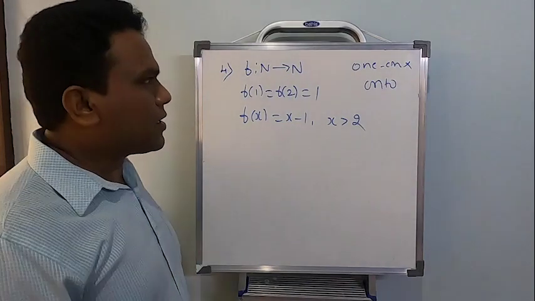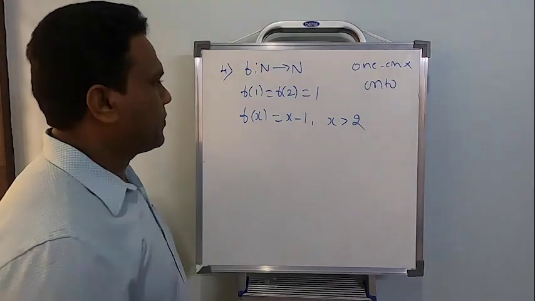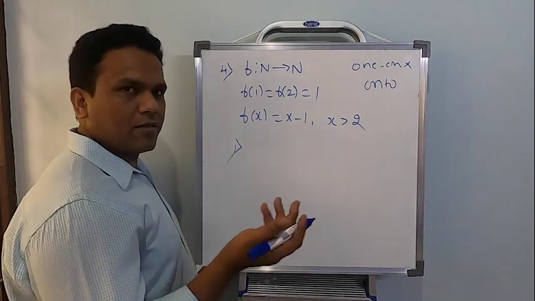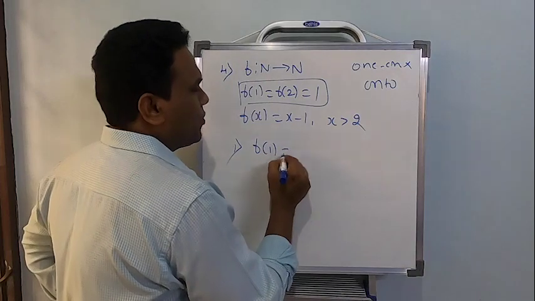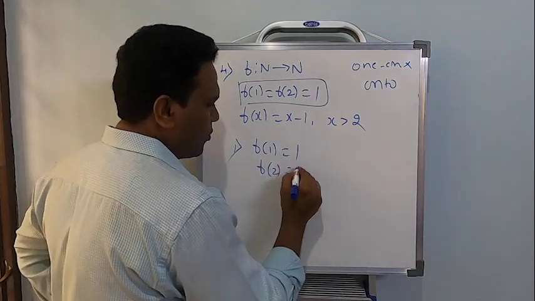Let us check why it is not going to be one-one. Nothing to check actually, it's already been defined. f of 1 equal to 1, f of 2 equal to 1.